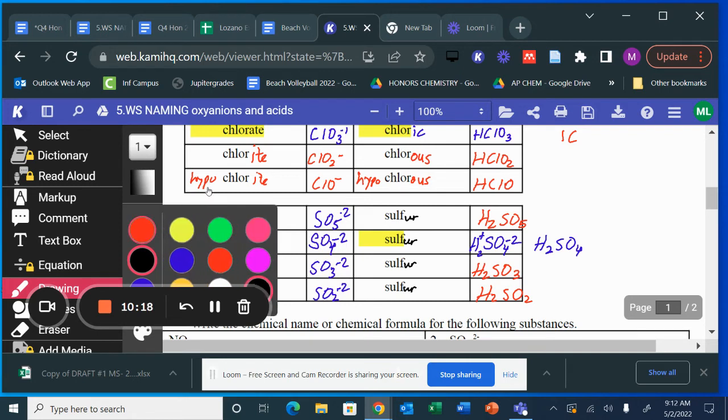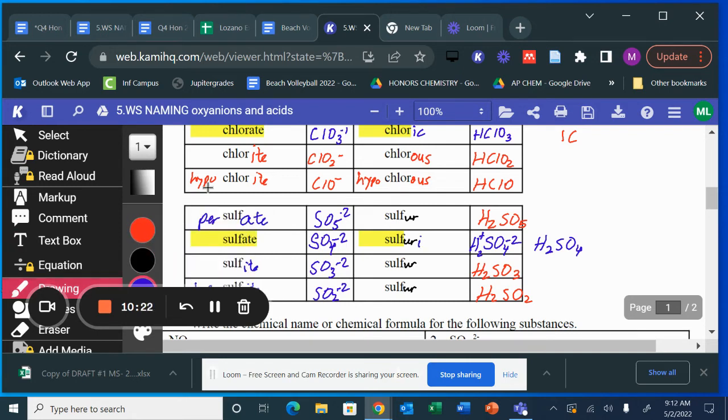Sulfur, and then you add the ic. So this would be sulfuric, and then the top would be persulfuric, ous, sulfurous, and hyposulfurous.